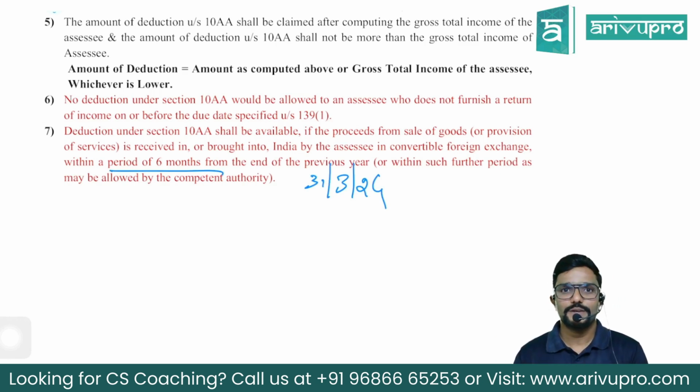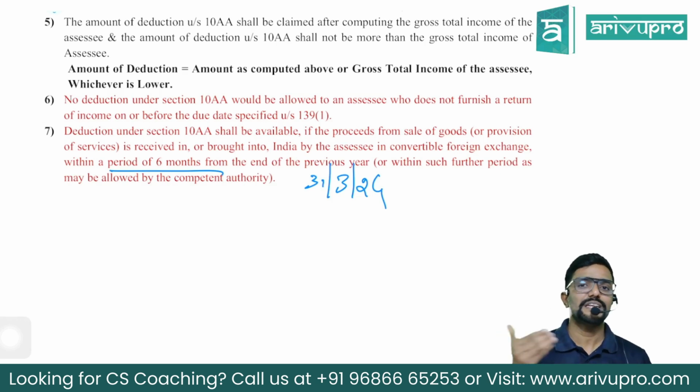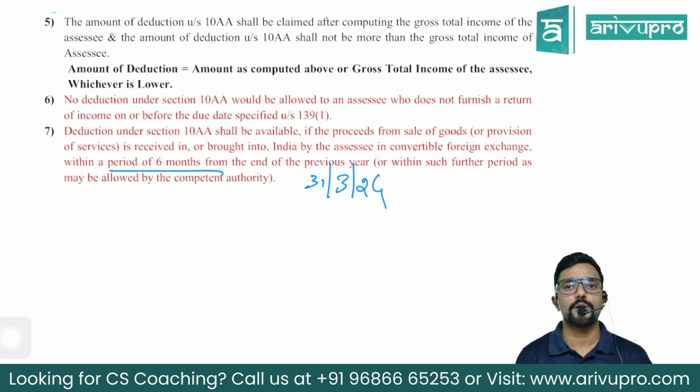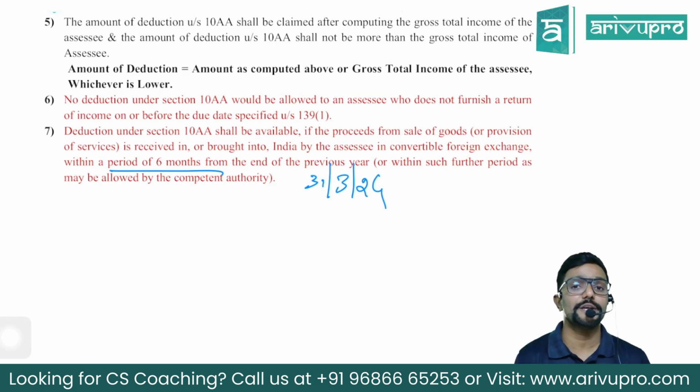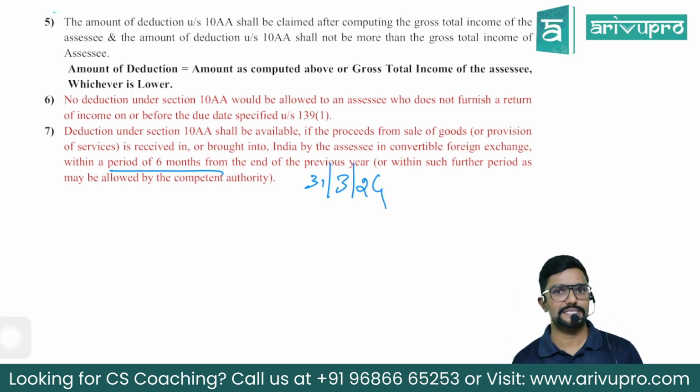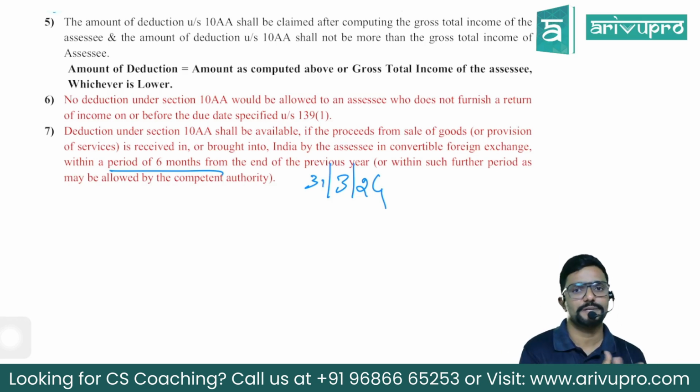Guys, here you are making profit by exporting, and on that export profit you are getting a deduction. The Indian government is telling you to bring that money into the Indian economy within 6 months from the end of the previous year. If there is any difficulty you are facing, they may extend it, but the standard time is within 6 months from the end of the previous year. It is not 6 months from the date of sale. It is 6 months from the end of the previous year, that is, 31st March 24 is the end of our previous year. 6 months from there, guys.